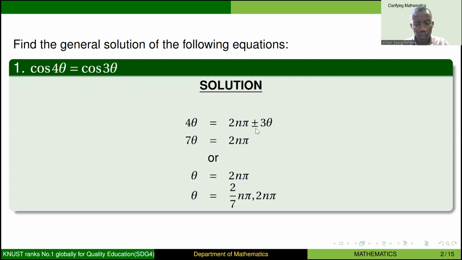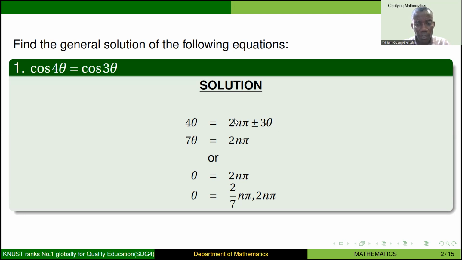Because we have plus or minus, we'll solve them in two folds. First, we are going to pick the minus 3 theta. So it becomes 4 theta equals 2n pi minus 3 theta. Because this is minus, we are going to add 3 theta to both sides.